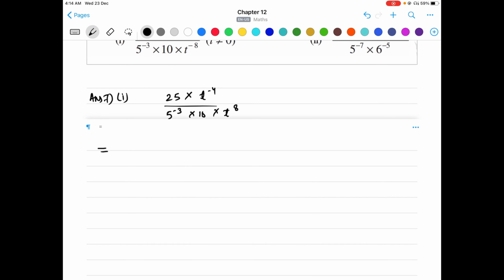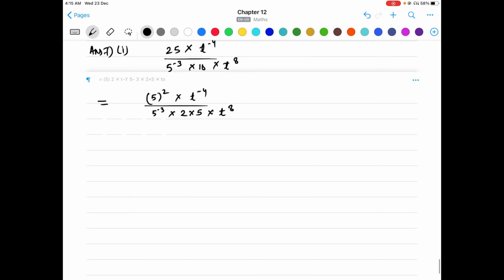Okay, so we can write this 25 as 5 power 2, and we have this t power minus 4. And we can write this as 5 power minus 3. This 10 can be written as 2 into 5, and we have this t power 8.